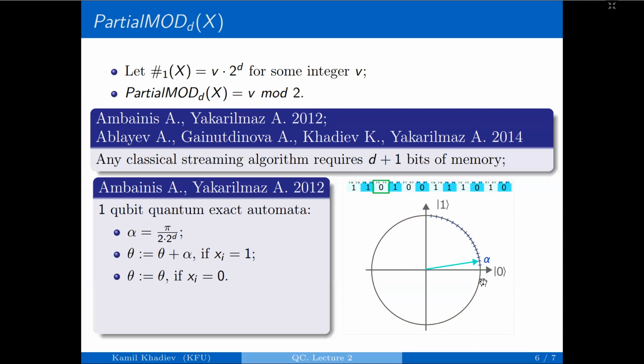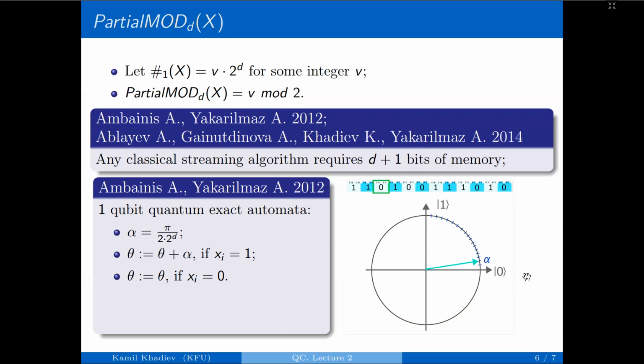What happens if we read a block of ones such that the size of this block is 2 to the d?